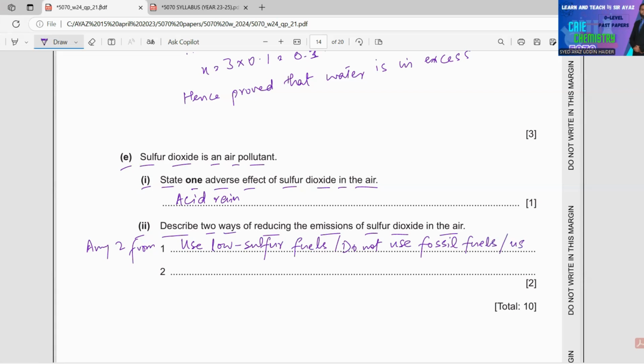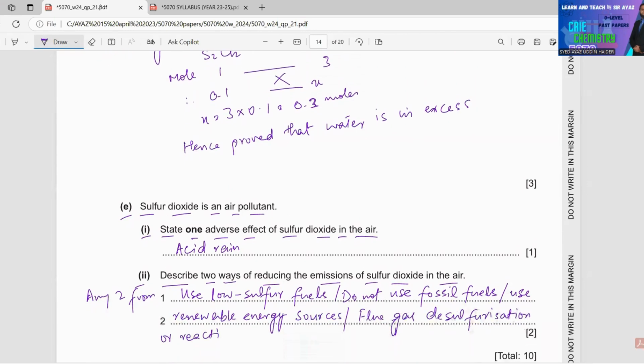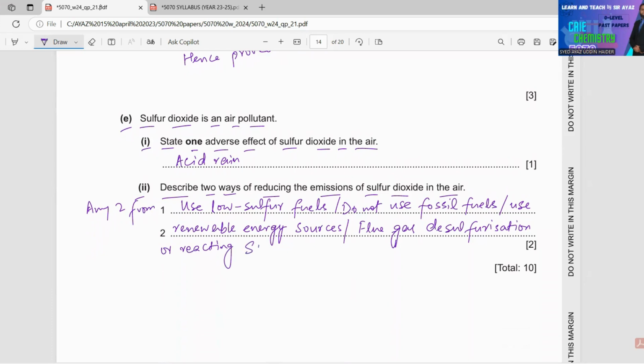Use renewable energy resources. Flue gas desulfurization, or reacting SO2 with CaO or CaCO3. You can write any two from these.